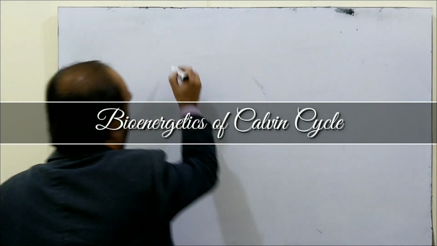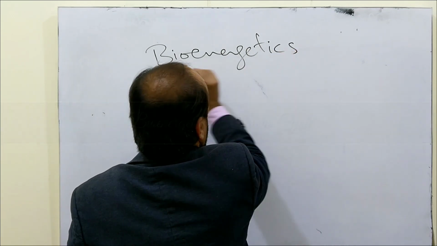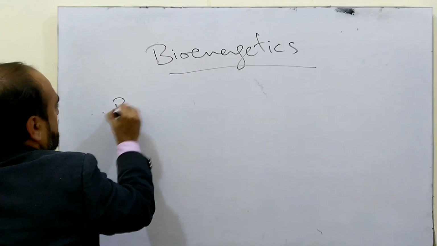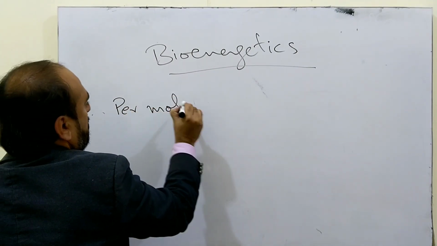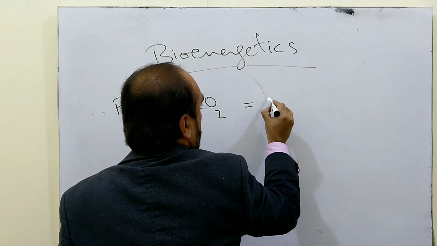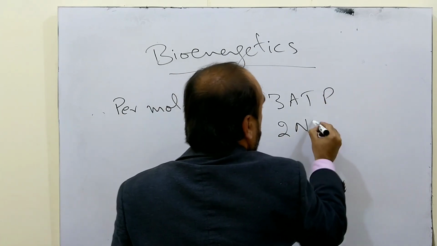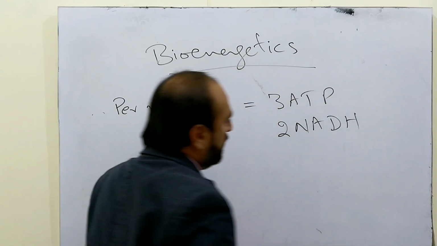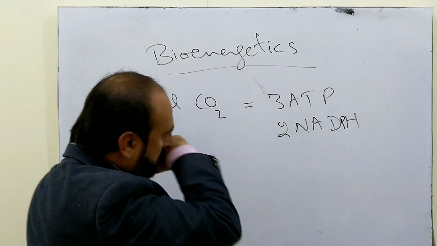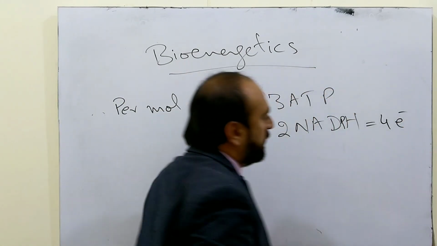Now I would like to talk about the bioenergetics of Calvin cycle. We have discussed that per molecule of carbon dioxide fixed, we used 3 ATPs and 2 NADPH. Each NADPH stores 2 electrons, so this becomes an input of 4 electrons.